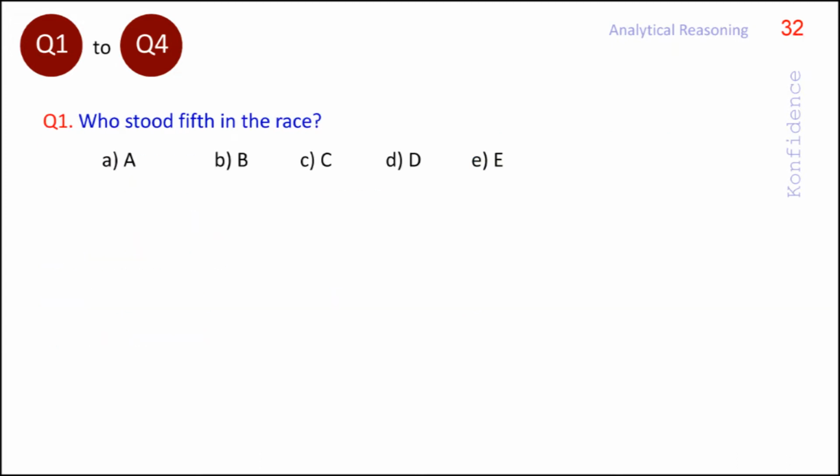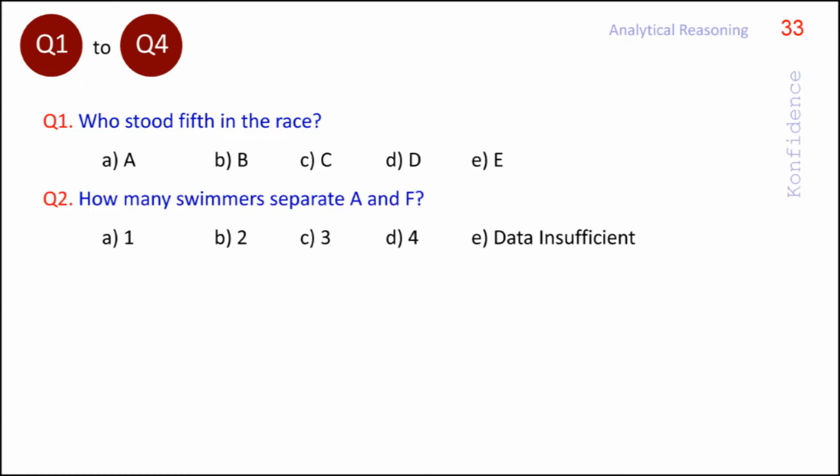And now the questions. Question number 1. Who stood fifth in the race? Options: A for A, B for B, C for C, D for D, and E for E. Question number 2. How many swimmers separate A and F? Note, there is an option E, data insufficient, in this question.